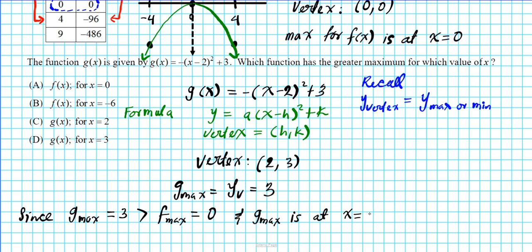It has a maximum value of 3 at x equals 2. Since we have this condition, the answer is option letter C. So we just compare the y-coordinates. Whichever one is bigger has a bigger maximum, and the x-coordinate of that maximum will tell you where the maximum occurs. So the answer is option letter C.